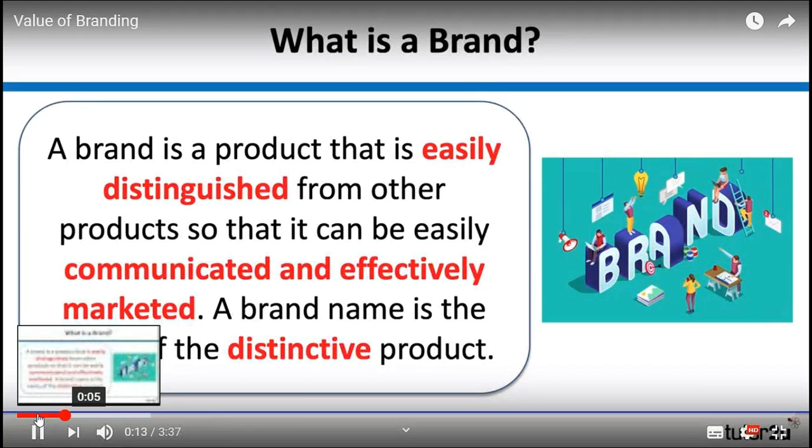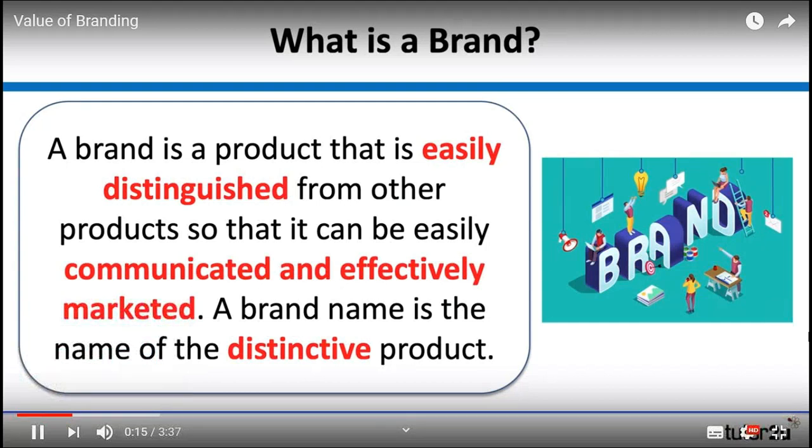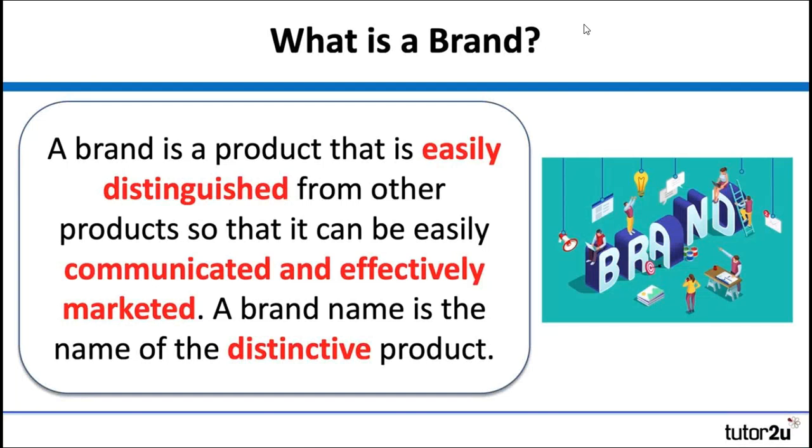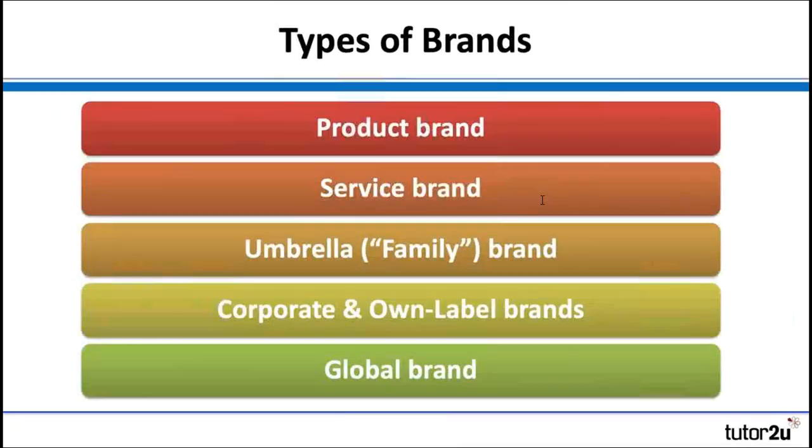Don't forget, a brand is something which helps distinguish a product or service from the competition. It's something which makes it distinctive. Perhaps the design of the product or service, the name, the logo, or some combination of all those things. The key thing about a brand is that if it's built effectively, it helps you communicate and market a product or service more successfully.